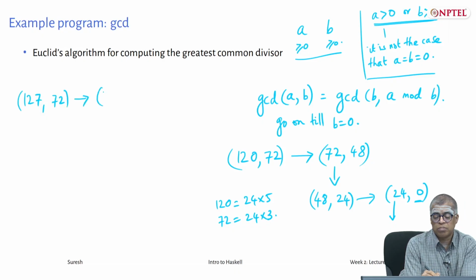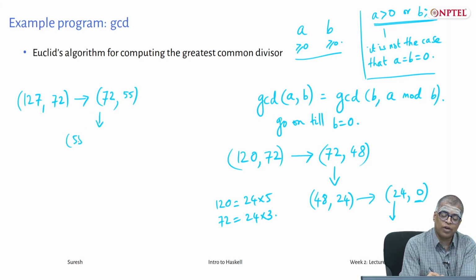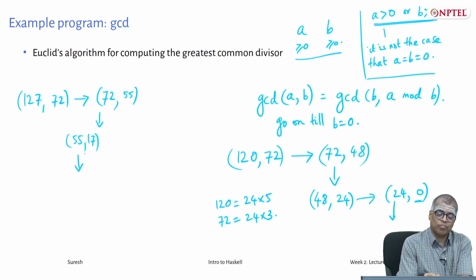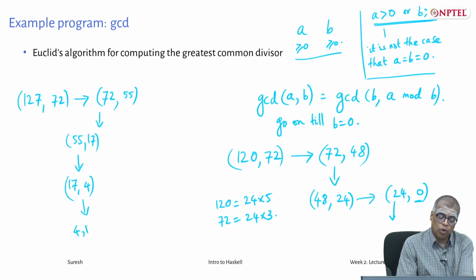Let us look at another example, maybe 127, 72, let us try this. In this case, it will become 72, 55. And then from here I will go to 55, 17. From here I will go to 17, 4. From here I will go to 4, 1.